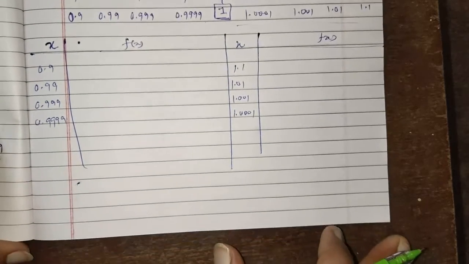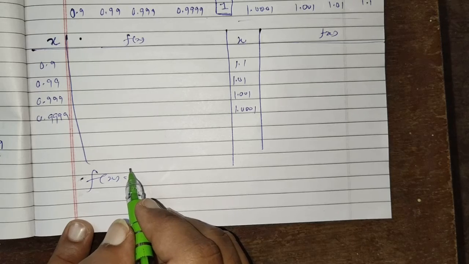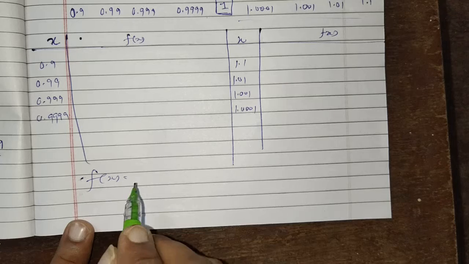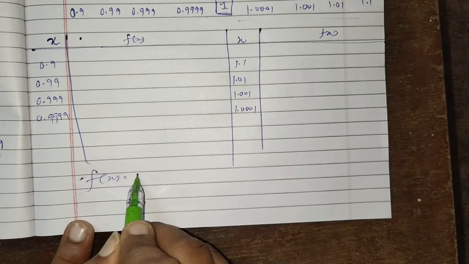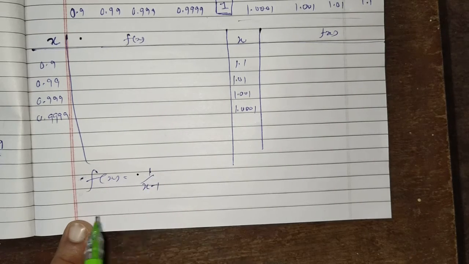Now in the function, first we solve the function from the left-hand side or right-hand side, whatever. The function f(x) is equal to 1 upon x minus 1.